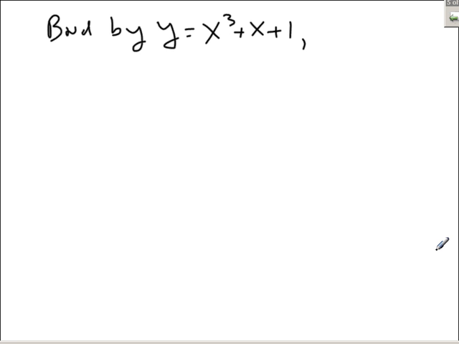Suppose you want to find the volume of the solid formed by revolving the region bounded by the following curves. It's bounded by y equals x cubed plus x plus 1, y equals 1, and x equals 1.